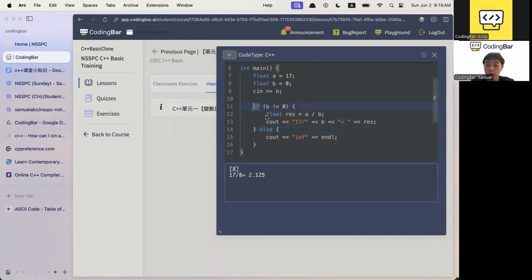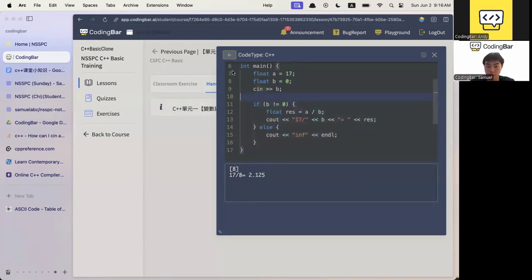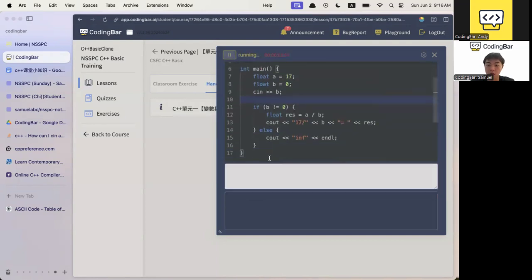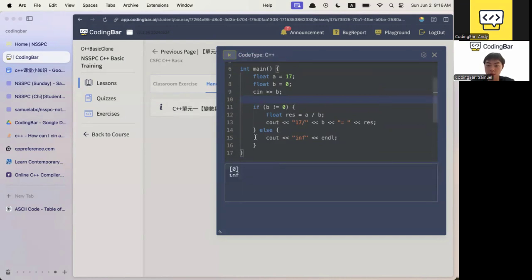So if something happens, you do something. Otherwise, you do something else. This is a very powerful structure. And how about we try what if B equal to 0? If B equal to 0, it goes into the else statement, which is we're printing out infinity. Why is that so? Because if we let A divided by B, the program will throw error because this is not allowed.